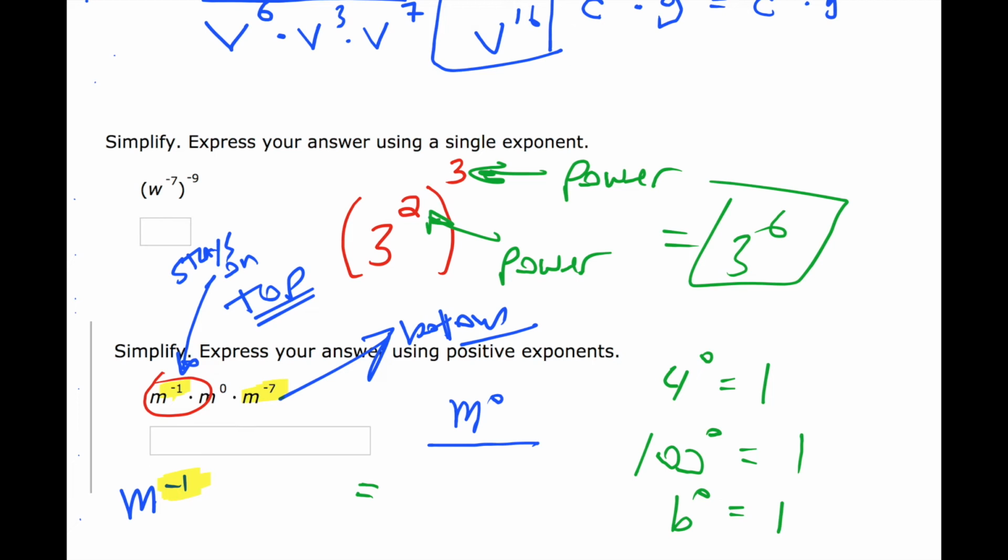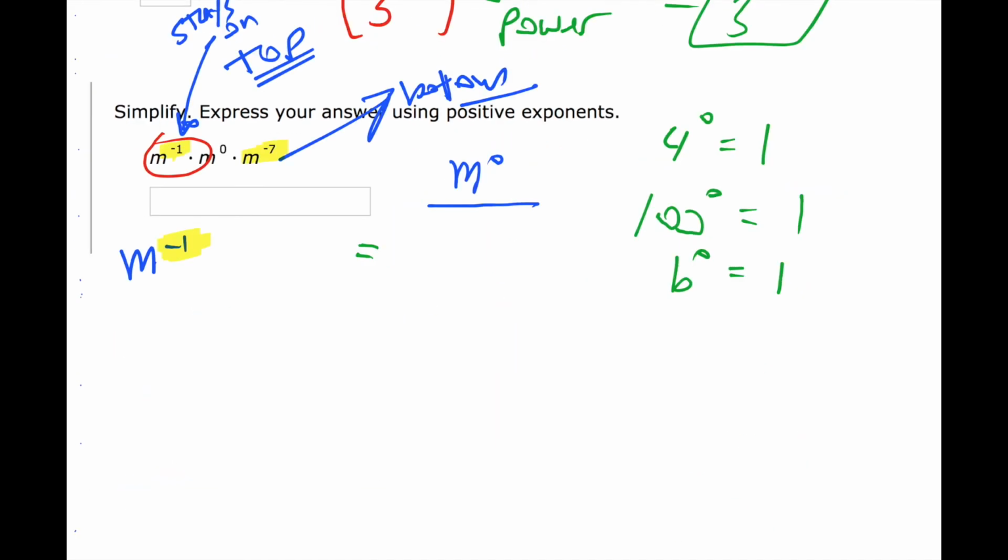Wait, what? Hold on. Let's go over the rule again. Okay, watch. Yes, you did. And then afterwards, I asked you about m to the negative 1, and you said it stays on top. And then I said, yes, you did. But that's what you said. And you said, Steve! So I said, okay.